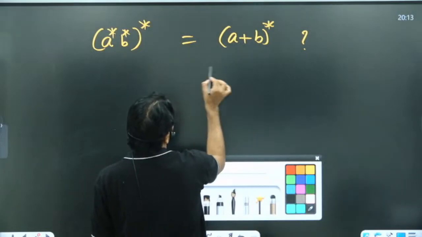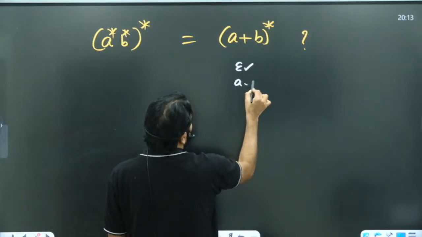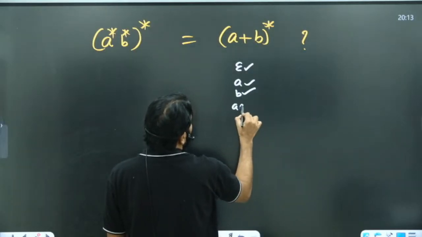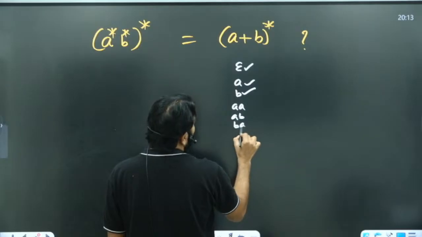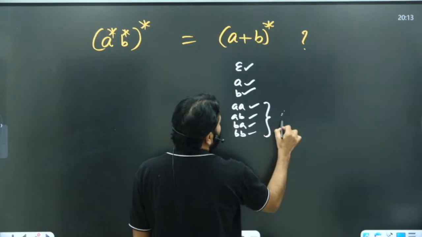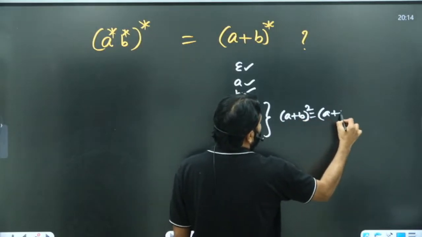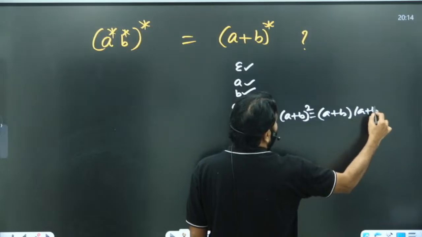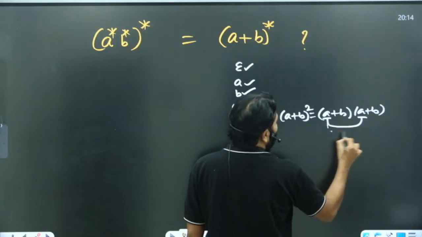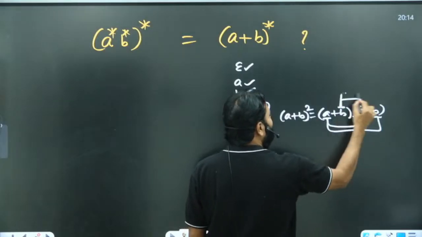On this side you have epsilon, a, b, and the two-length strings. How to generate them? Are you aware of this? You can generate these with a plus b whole square, by writing a plus b twice. So you can concatenate a followed by a, a followed by b, because the dot is there in between, and b followed by a, b followed by b.